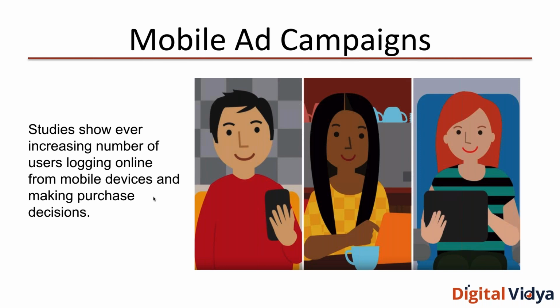You don't necessarily have to log on to a laptop to buy something. You can use your Amazon app on mobile to buy anything, right? So purchase decisions have also been gradually shifting more and more towards the mobile devices, simply because of ease of convenience.